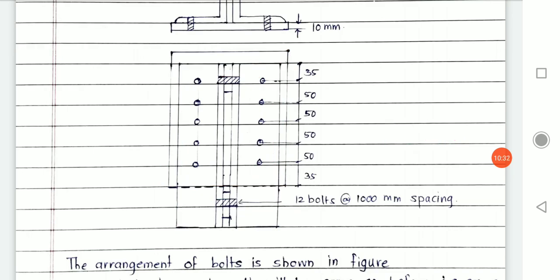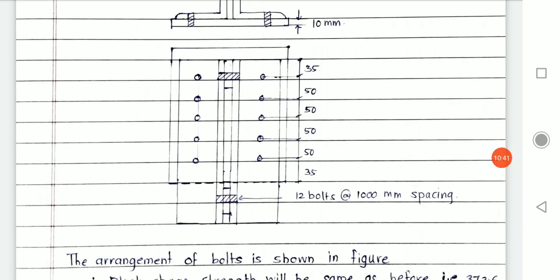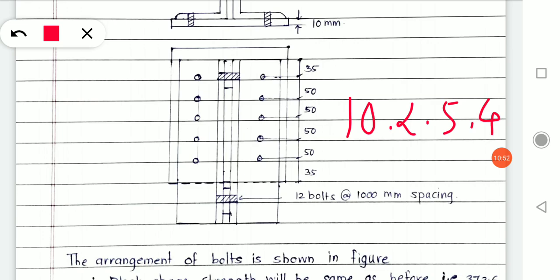So I have explained what is tack bolt, and the tack bolt clause is mentioned in your IS code on page number 74. The clause number for this tack bolt is 10.2.5.4. In the previous lecture, I missed this middle 5.